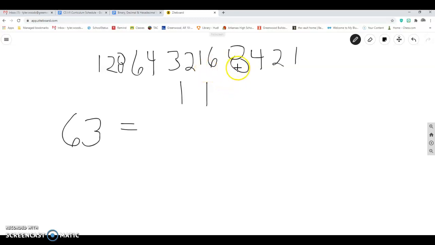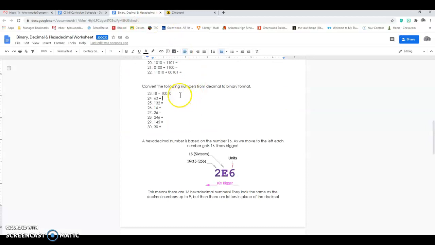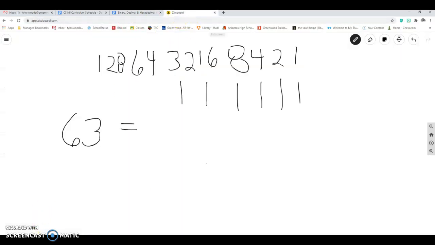And then 48 plus 8 is, gosh, make me do some math, 56. And then 60, and then 62, and then 63. So this one, we're not worried about what's to the left of these, but our binary number is 111111. That equals 63. 111111. And if you guys remember, let me check.